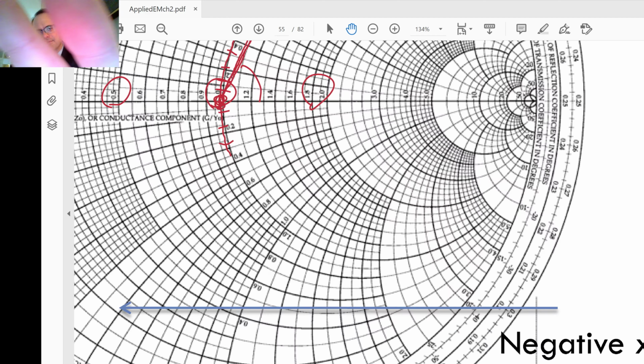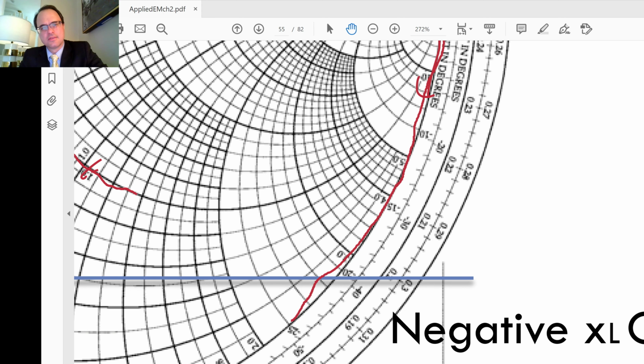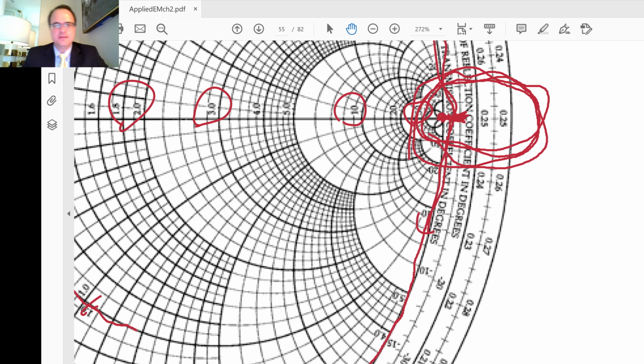So this innermost graph is the phase angle in degrees.